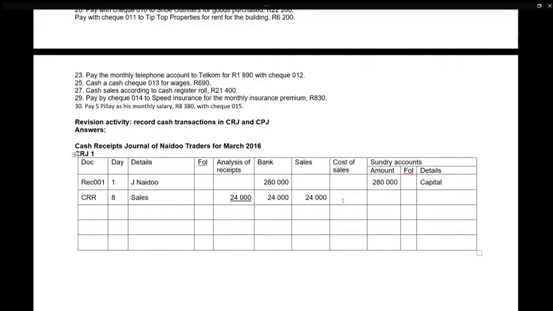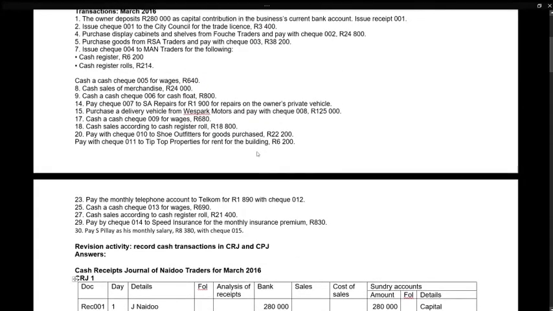Now we need to calculate cost of sales. Let's quickly calculate it right here next to our transaction. First of all, we will take our 24,000 Rand. We will divide it by our selling price percentage. Remember, how did I get to this? Cost price is always 100%, and in this activity, profit margin is 33.33%.